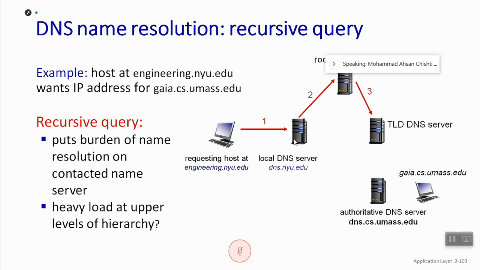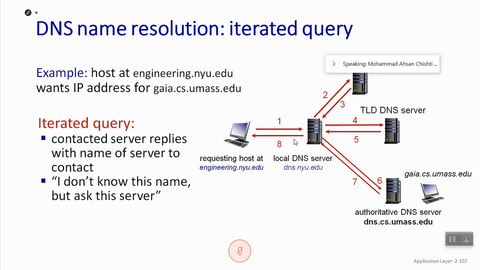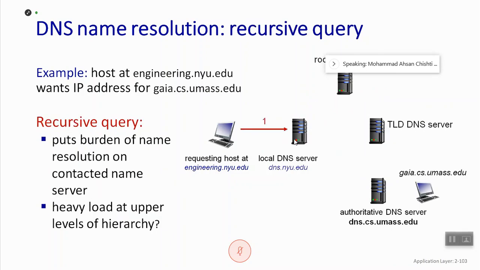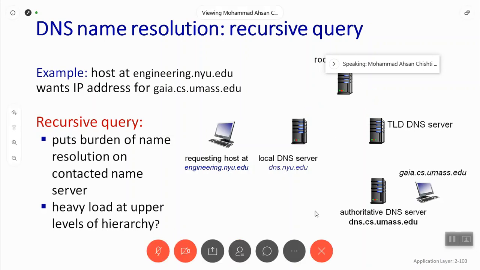In the previous one that we saw just now, here two, then we have three replying back to it. This is where we had the iterated query. But in case of a recursive query, we have all the burden of the name resolution put on the contacted name server. So you tell me how to access it. So root DNS goes to TLD DNS. See the difference here?